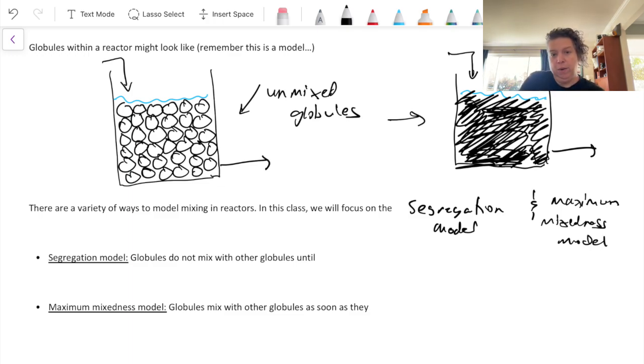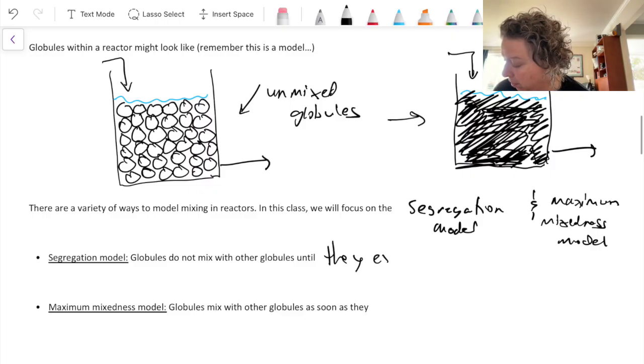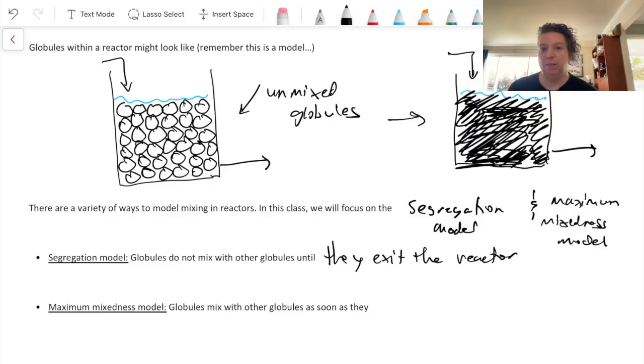These two models differ with respect to when they allow mixing of the globules. In the segregation model, the globules do not mix with other globules until they exit the reactor. Whereas with the maximum mixedness model, the globules mix with other globules as soon as they enter the reactor.